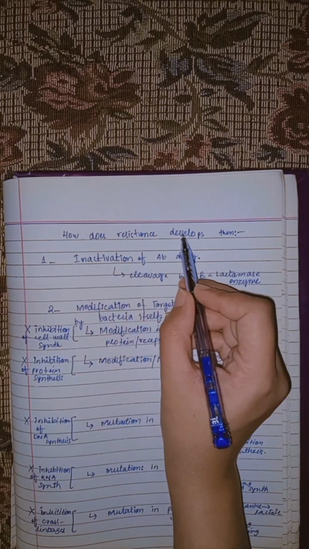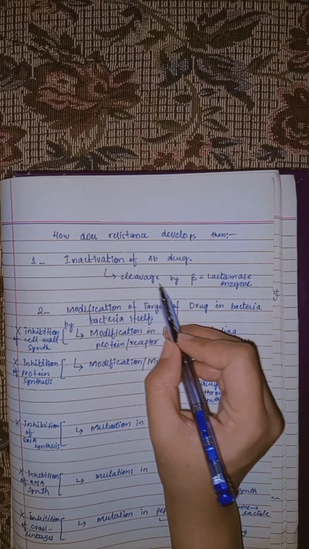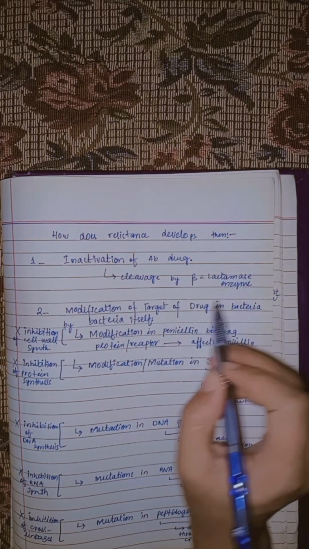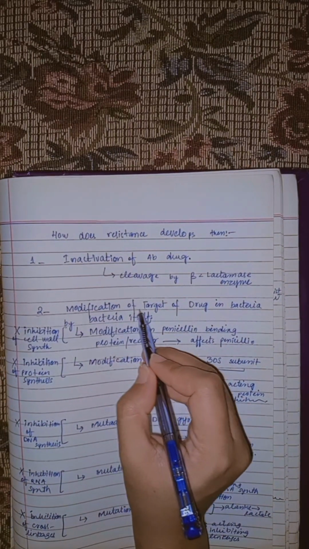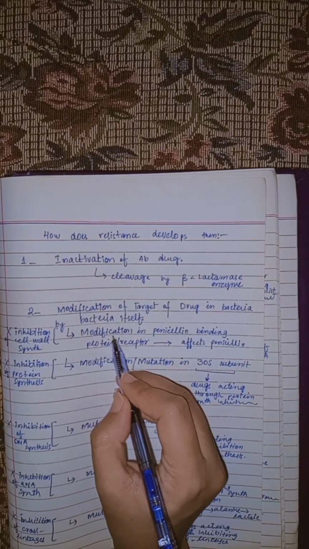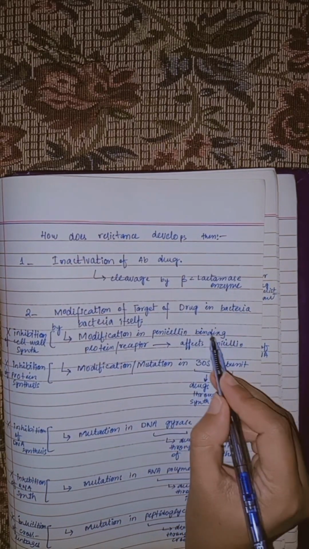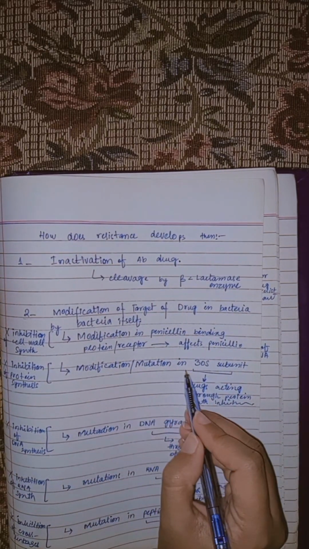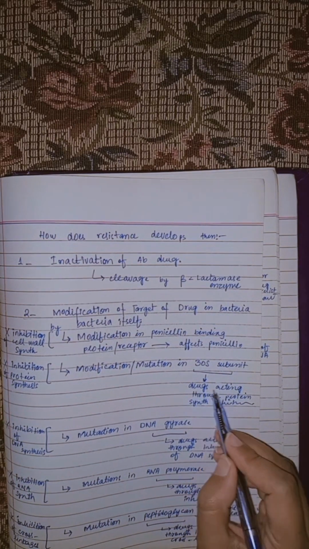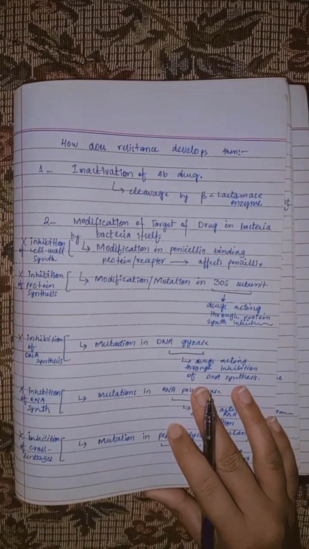So, how does resistance develop? Inactivation of the antibiotic drug, that is cleavage by beta lactamase enzyme. Second mechanism is modification of the target of the drug in bacteria by the bacteria itself. Then modification in penicillin binding protein or receptor which affects penicillin. Then modification or mutation in the 30S subunit, so drugs acting through protein synthesis inhibition are affected.